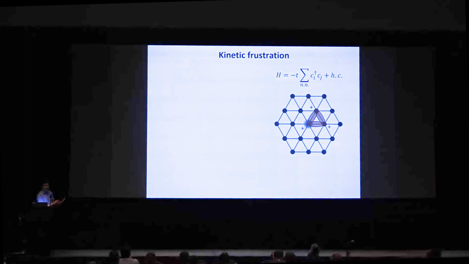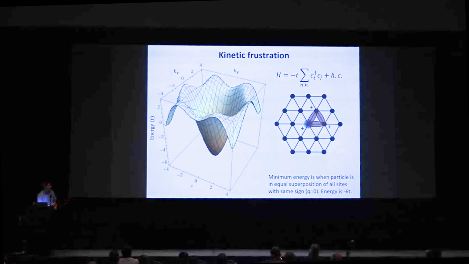So we can tile the entire lattice this way, and we find that the particle wants to delocalize over the entire lattice. So the resulting band structure looks like this, where because of this delocalization, the particle has lowered its kinetic energy by an amount -6t, where the 6 comes from the number of nearest neighbors. Okay, so far, pretty simple.